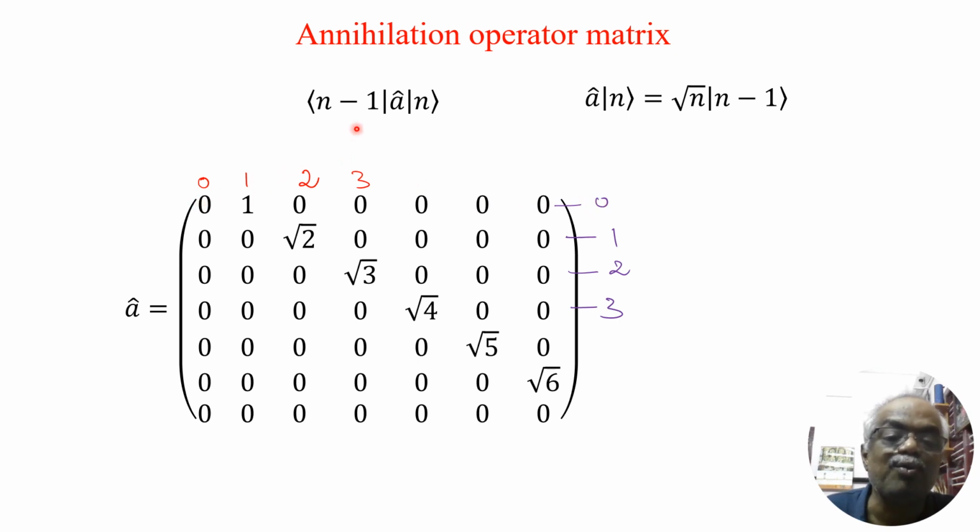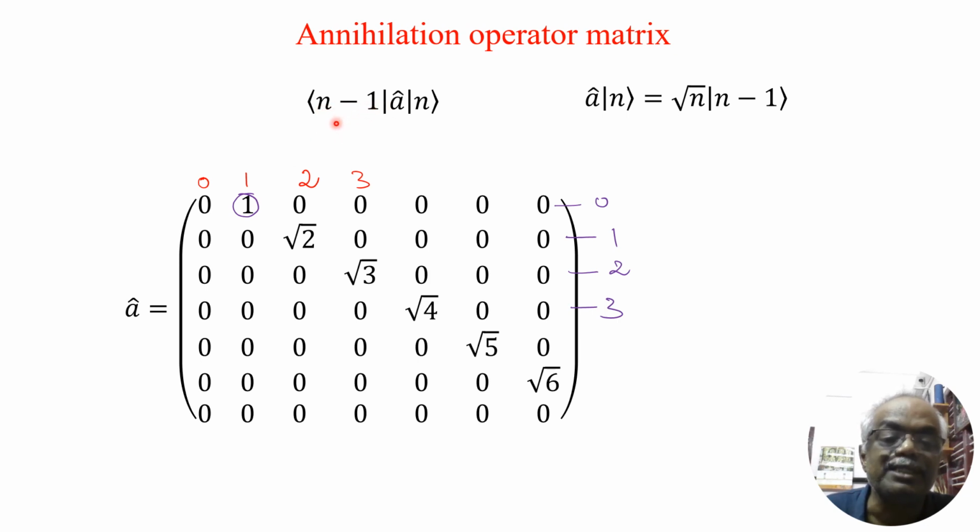Then here n is 1, so first column. So n is equal to 1: 0th row, first column. That is, the square root of n is 1, the square root of 1 is 1. So we will get that. Then when n is equal to 2, 2 minus 1 is 1.